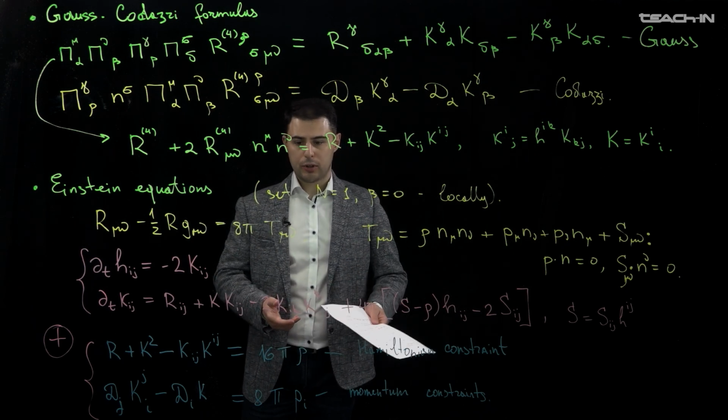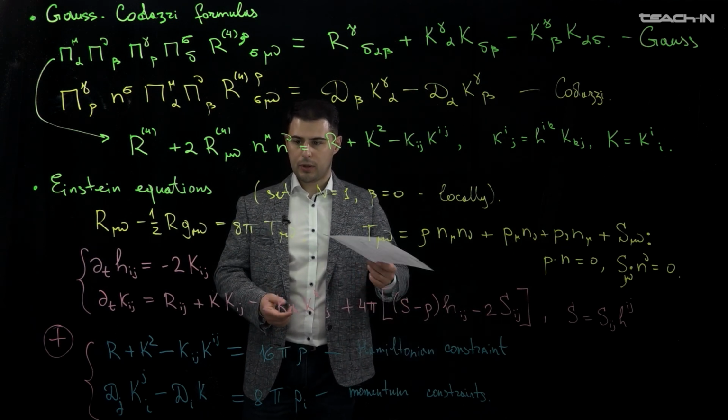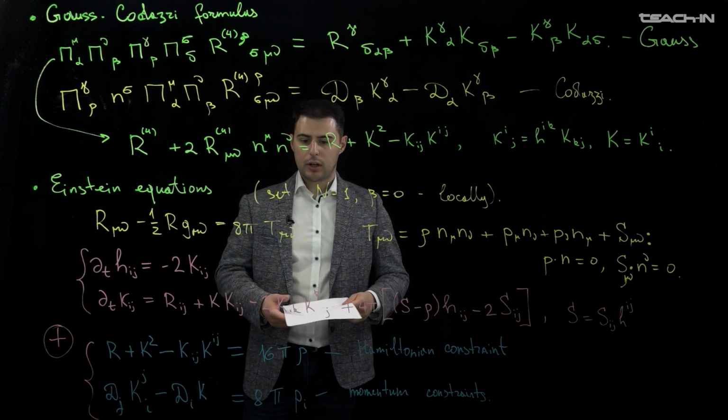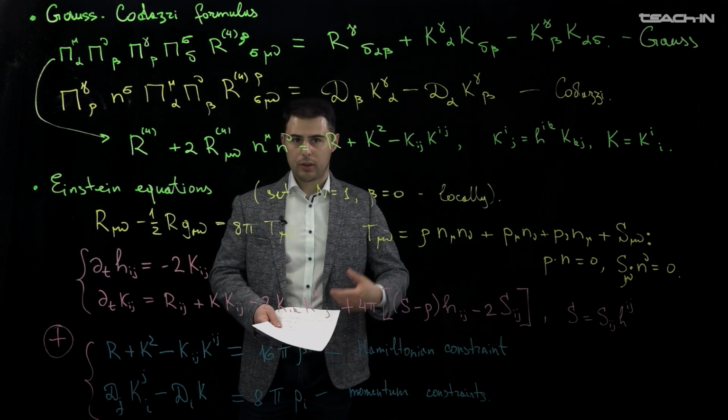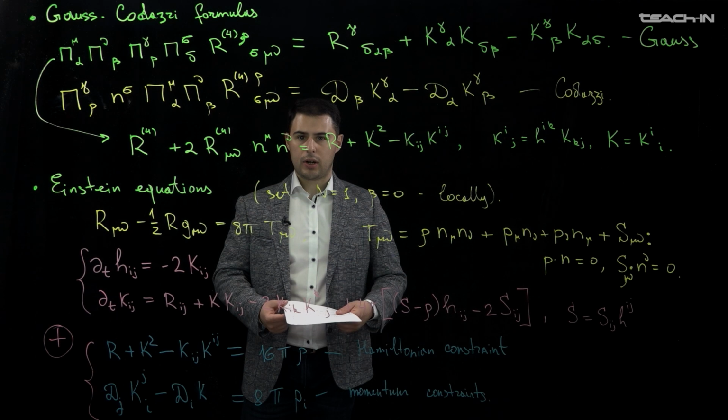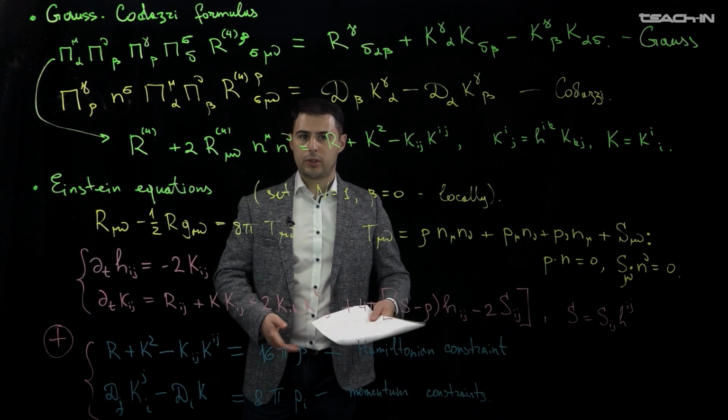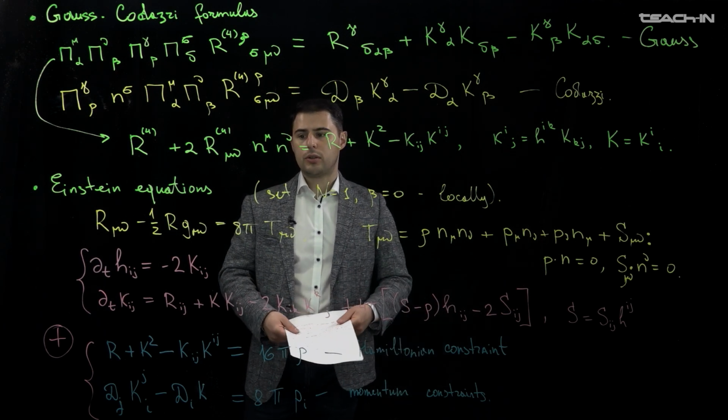In particular, it shows that within the system of Einstein equations in 4 dimensions there are only two physical degrees of freedom.